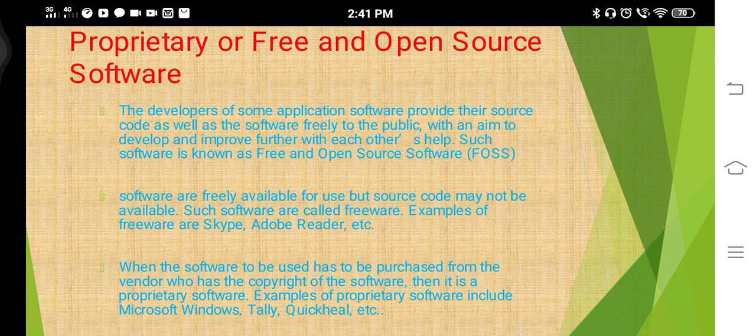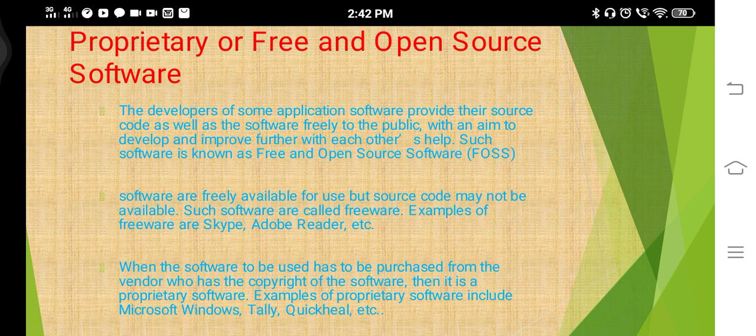A software can be freeware, open source or proprietary software depending upon the terms and conditions of the person or group who has developed and released it. That is, it depends upon the requirement, the type of software we require. Either it is proprietary, freeware, or open source.